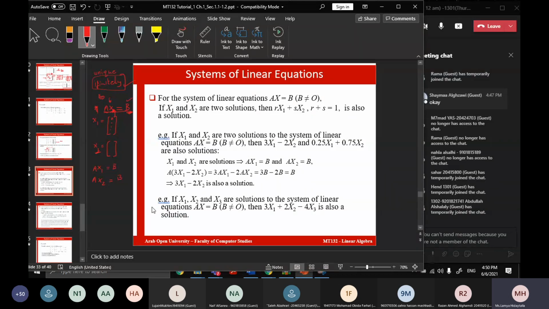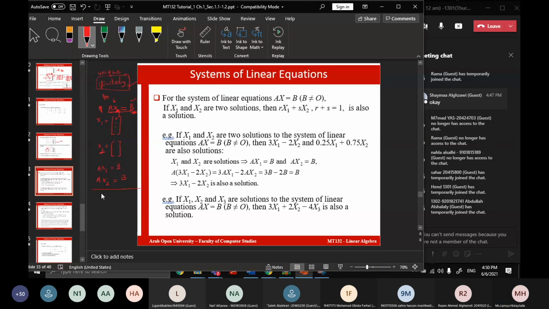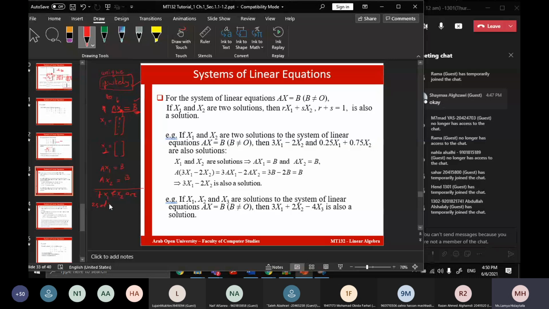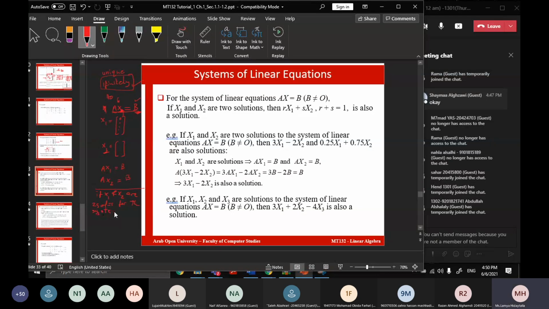Right. Now, what he said is: if x1 and x2 are two solutions for the system, then C1 x1 plus C2 x2 is another solution.